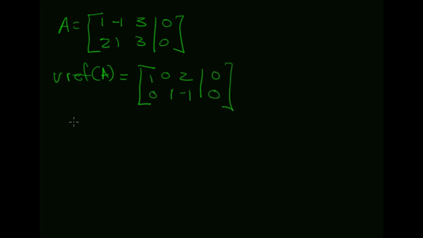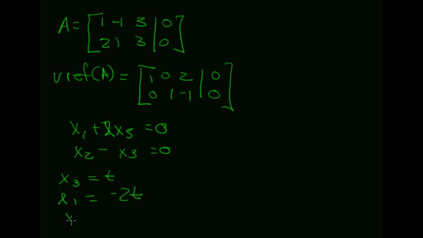So remember that this converts back to x1 plus 2x3 is 0, and x2 minus x3 is 0. So if I let x3 equal t, that means x1 is going to be -2t, and x2 will be also just t, right? So, because if these things subtract to give you 0, they have to be equal.